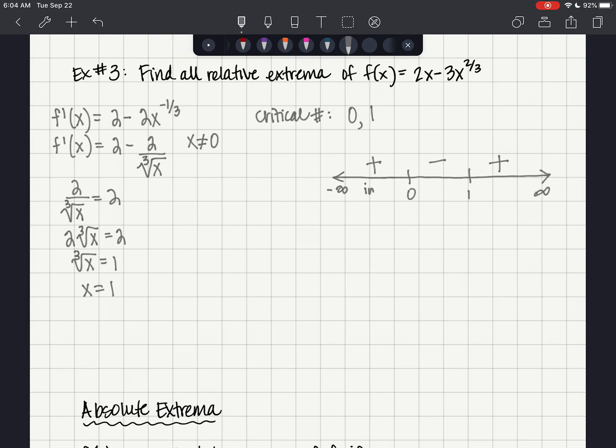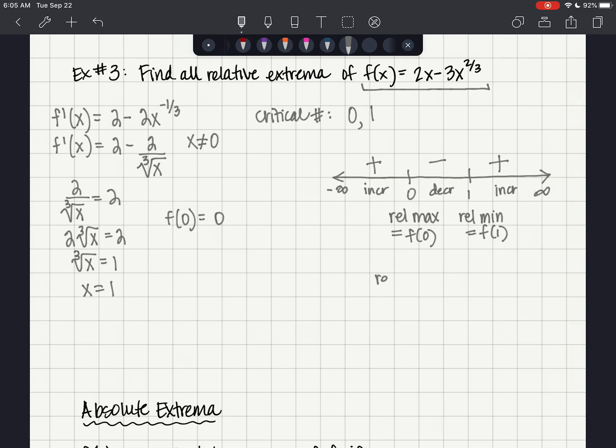So we're going from increasing to decreasing, which means our relative max equals f of 0. Decreasing to increasing, that means our relative min is equal to f of 1. So f of 0 into our original function is 0.